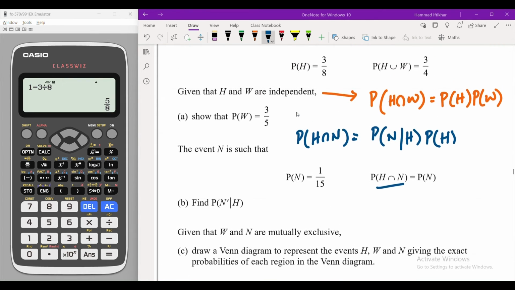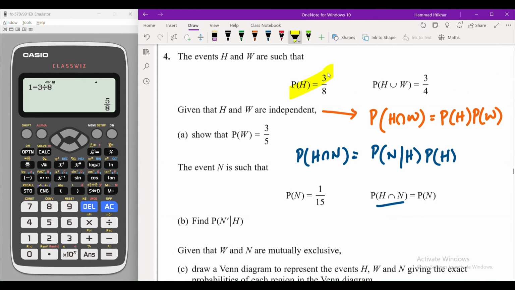If we look at the data given to us, probability of H is 3 by 8 and probability of N is 1 by 15.